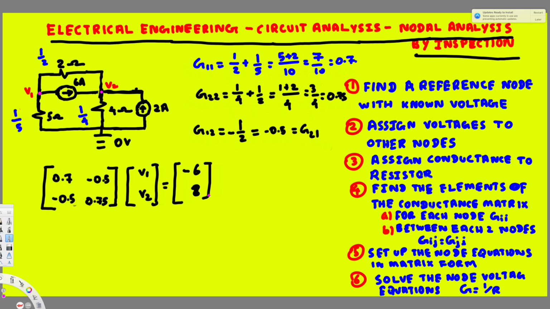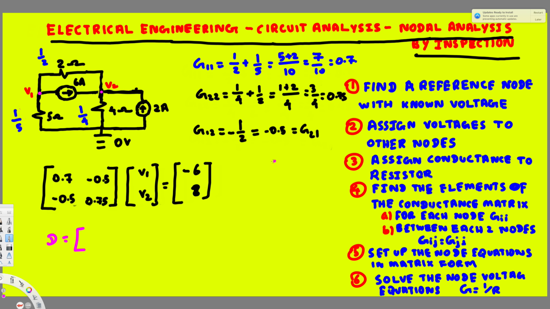Now we are going to use Cramer's rule. We have to find the determinant of this original form, and after that swap with this one and find the determinant, and swap with this one and find the determinant, and then use Cramer's rule. So let's find this original determinant, and the determinant is AD minus BC.